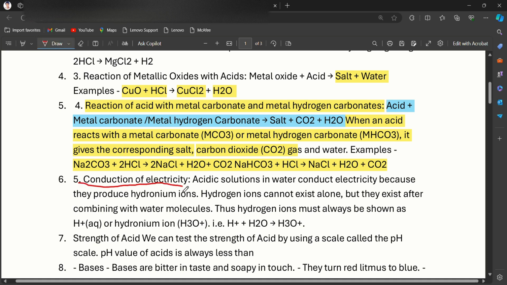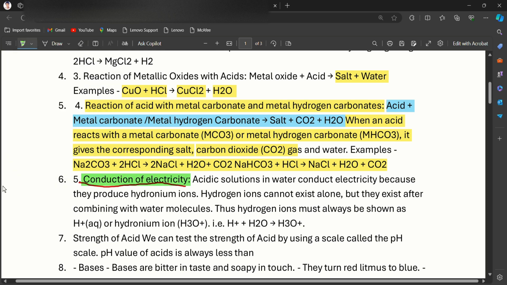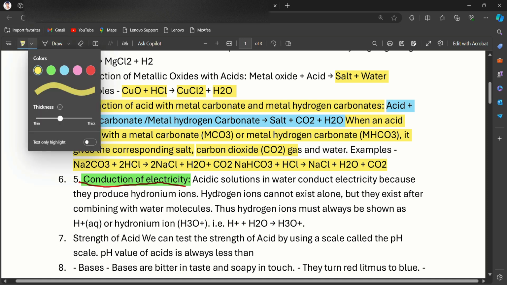हाँ, that one is the important property, conduction of electricity. So what do you understand by the conduction of electricity? So let's read out.